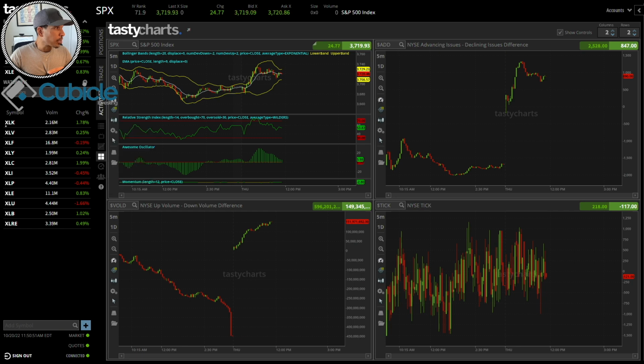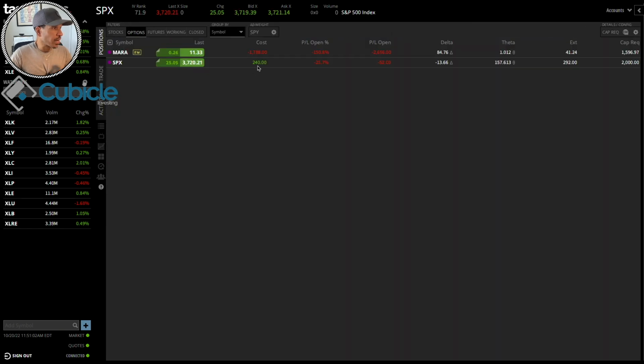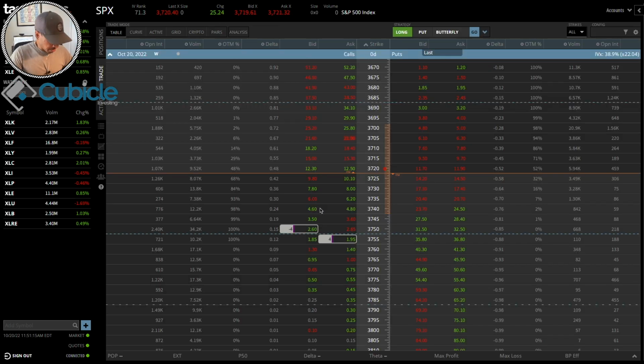So I put on this trade and I took in a credit of $240. As you can see here, my P&L, which stands for profit and loss, is actually down $72, because the price of SPX is rather close to my strike price of 37.50.